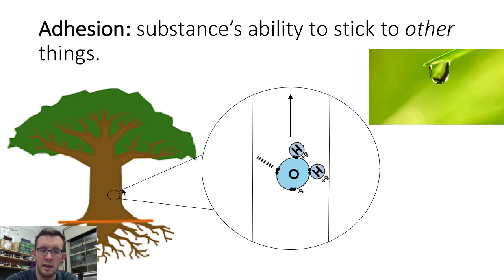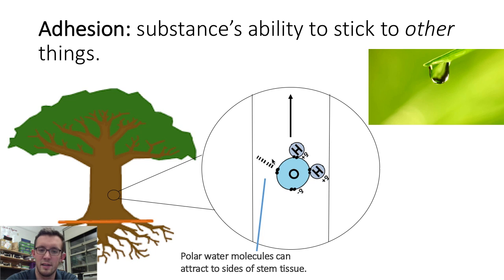If we were to zoom in on the stem of this tree or the trunk of this tree, what we could see is that water molecules are able to stick to the sides of the tree's stem tissue. And as a result, they're able to kind of climb up or stick their way up through the tree's stem, up into the leaves of the tree where it's used.